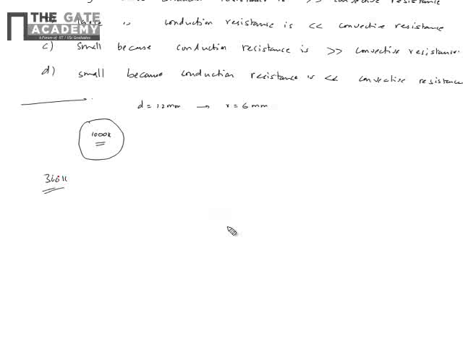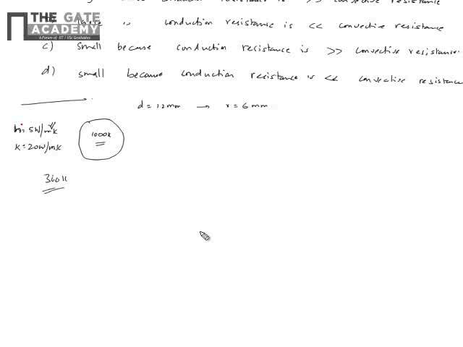The heat transfer coefficient between the steel ball and the surroundings is 5 watt per meter square Kelvin, and the thermal conductivity of the steel ball is 20 watt per meter Kelvin. Now what is asked is the temperature difference.